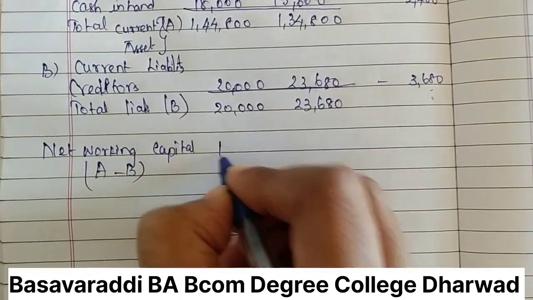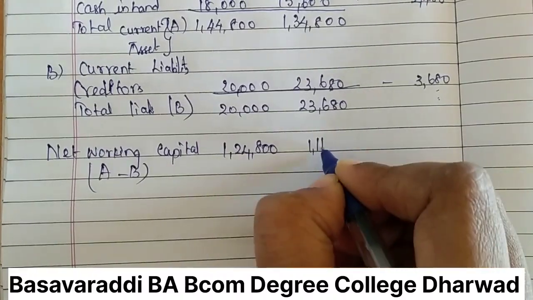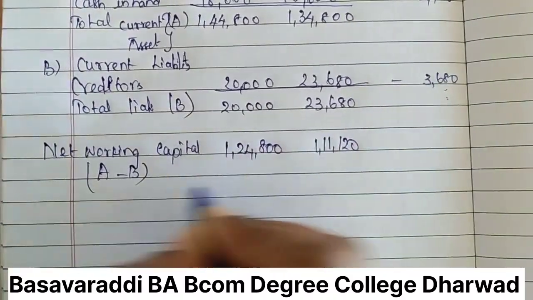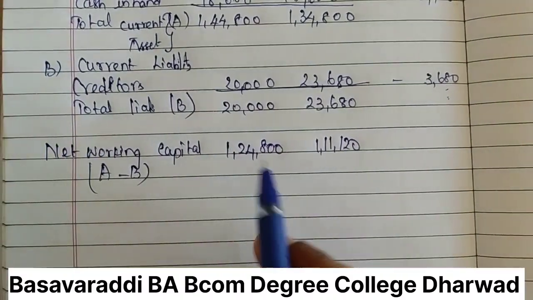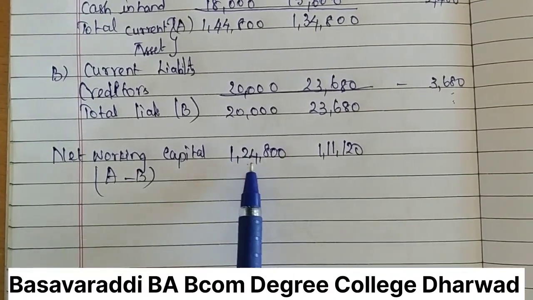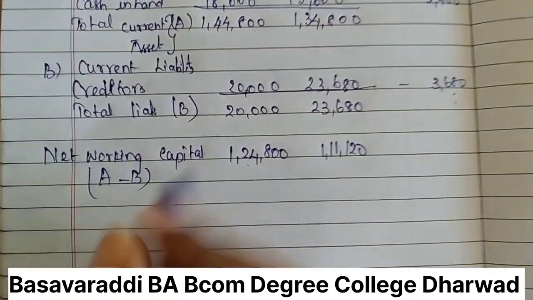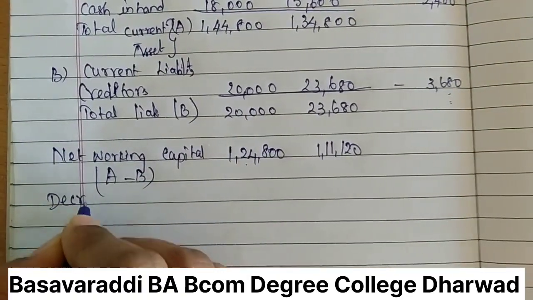How much? 1,24,800, 1,11,120. So what happened here? Comparatively 2016-2017 it is decrease. Decrease means decrease in working capital.